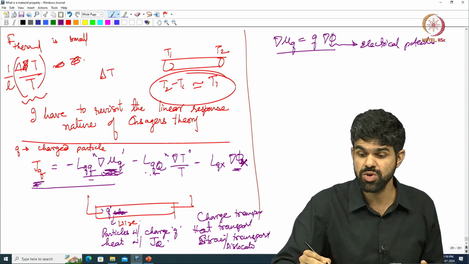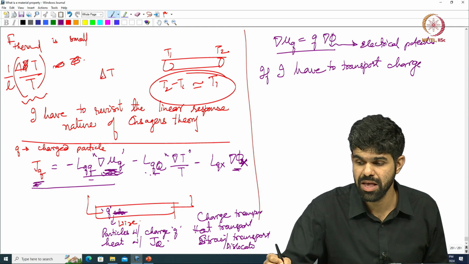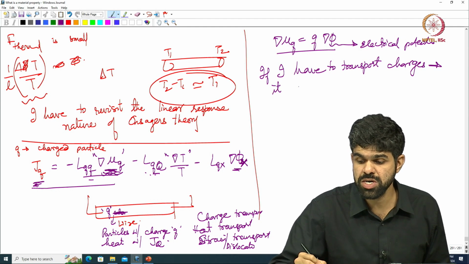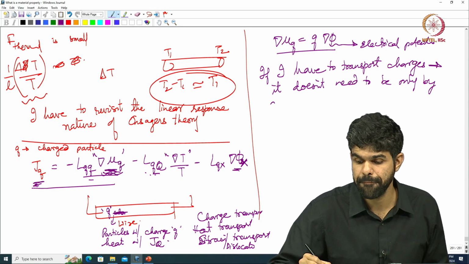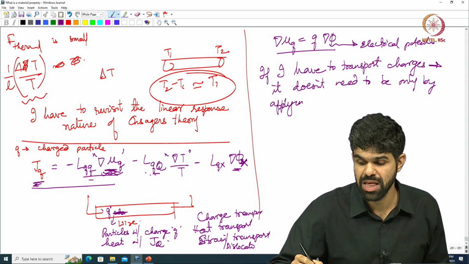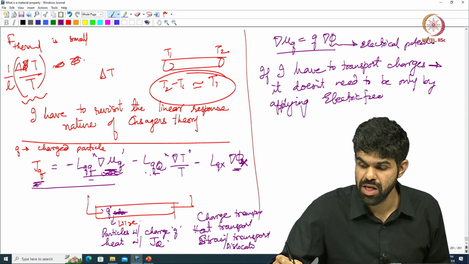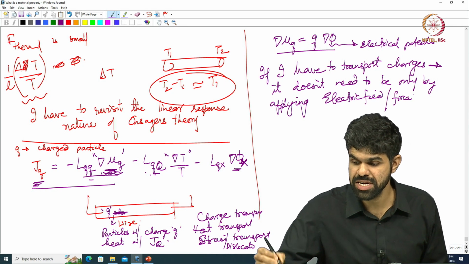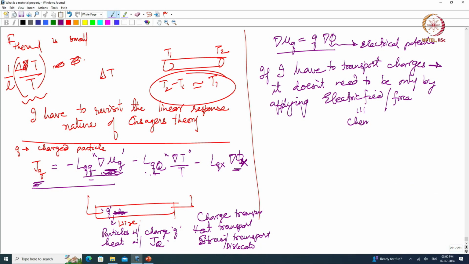So, if I have to transport charges, it does not need to be only by applying electric field or force, right, which is equivalent to the chemical force on the charged particles.